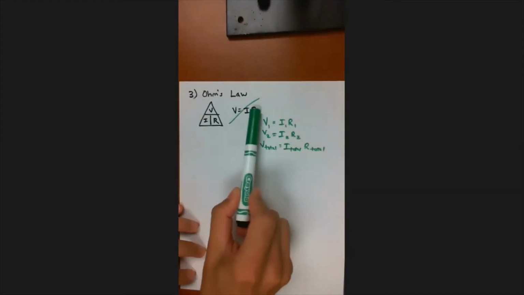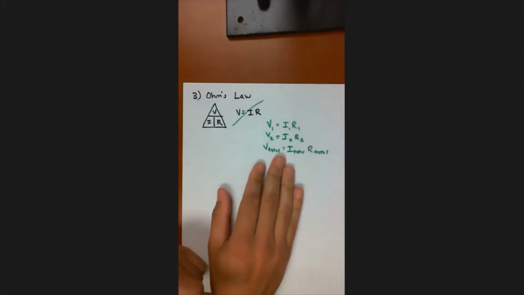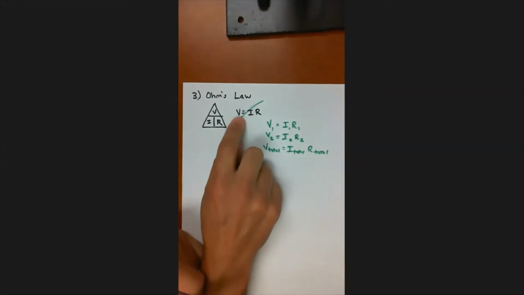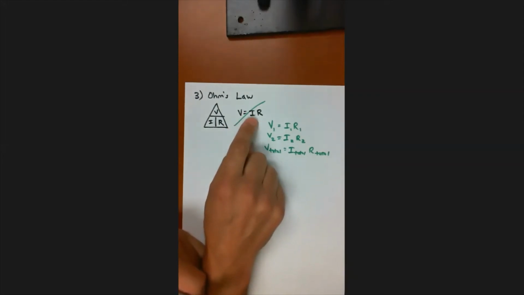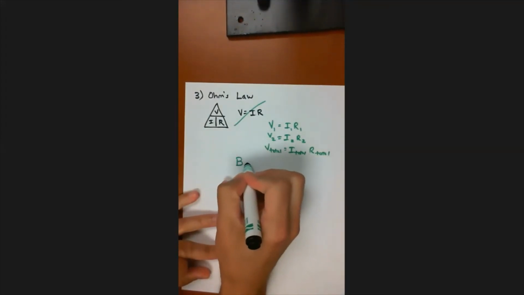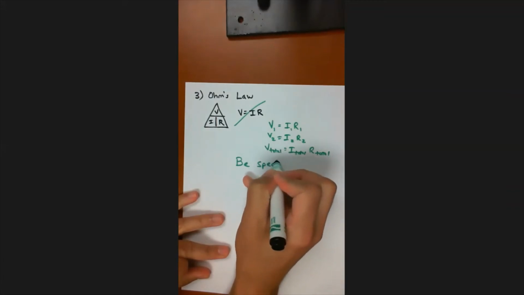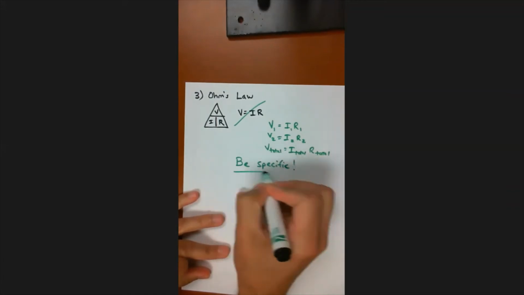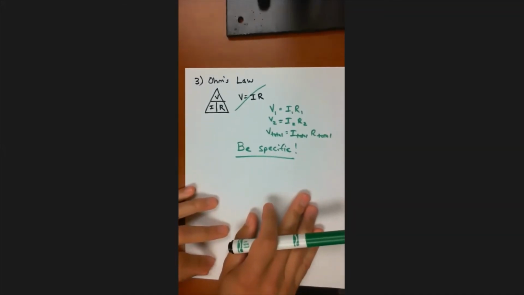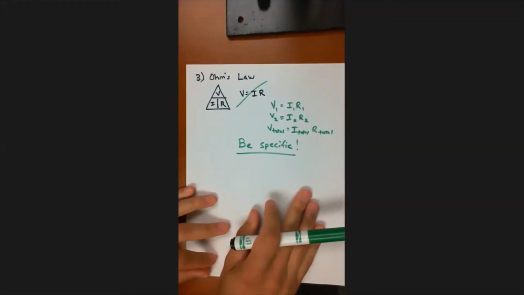If you've got 6 different resistors that you're trying to solve for, you don't remember which voltage you solved for or which current you solved for. So be specific to the component that you're talking about.